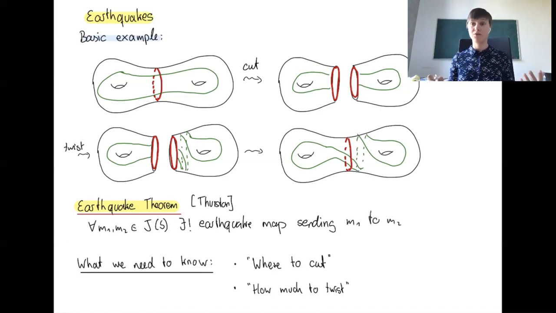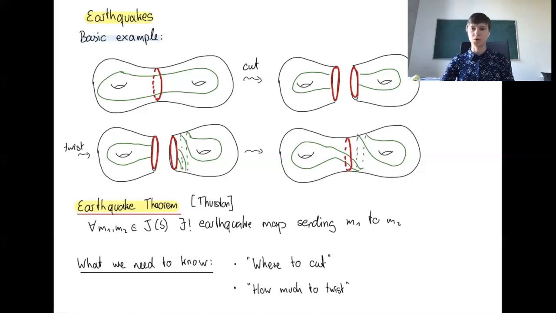So whenever I have 2 hyperbolic structures on my surface, I can find a collection of curves along which I can cut and twist and reglue such that this deformation deforms my hyperbolic structure M1 to M2. And this is why earthquakes are quite powerful and interesting.